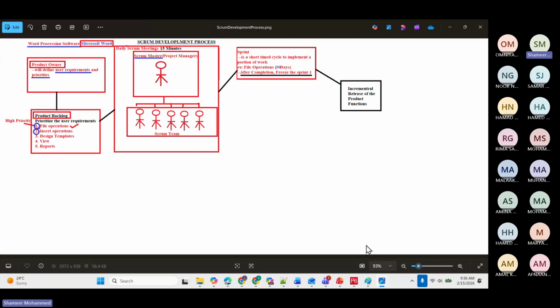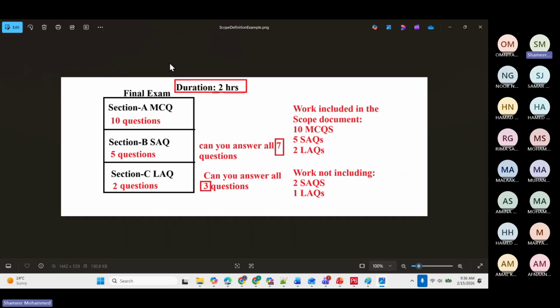You will have team members, 4 to 5 people and one manager to manage you. Every project will have like that.